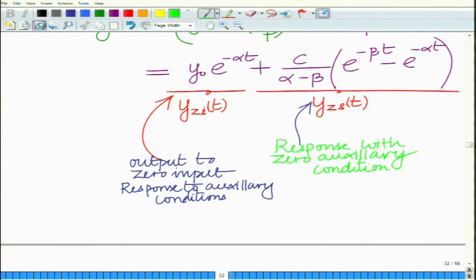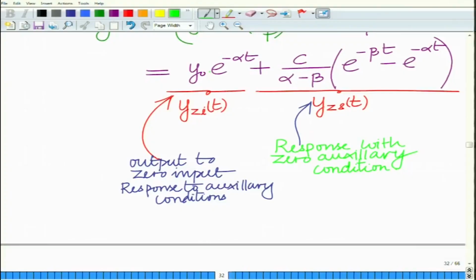So you can express the solution y(t) as y zi(t), the output when the input is 0, plus y zs(t), where zs denotes 0 state. The 0 state output is the output to 0 auxiliary condition.